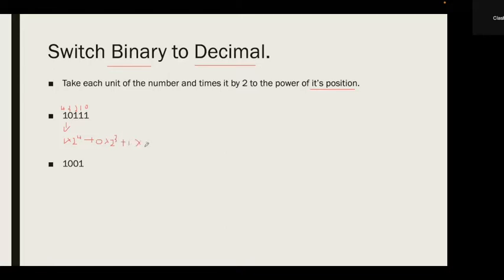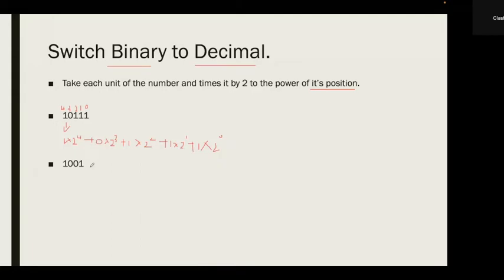Then you add all of these expressions together and you will get the decimal representation.